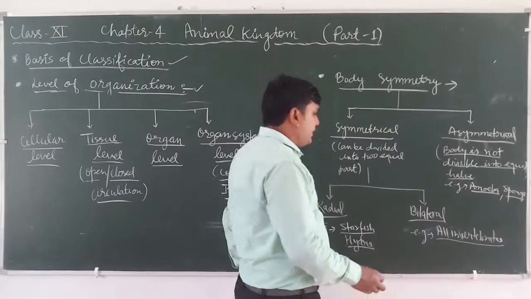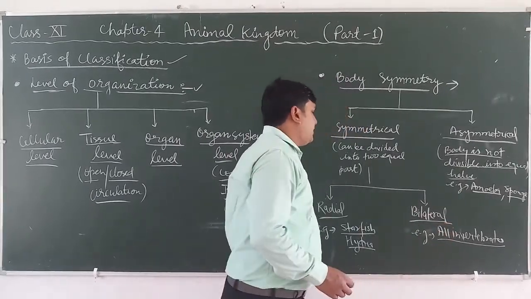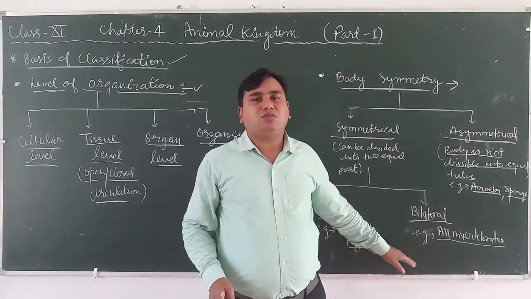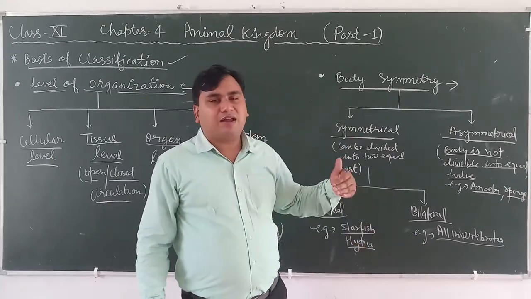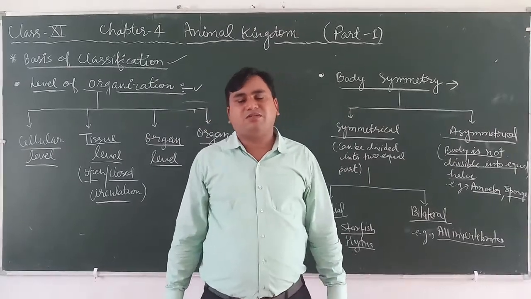And next, bilateral: it can be divided into two equal halves by only one plane. For example, all invertebrates.